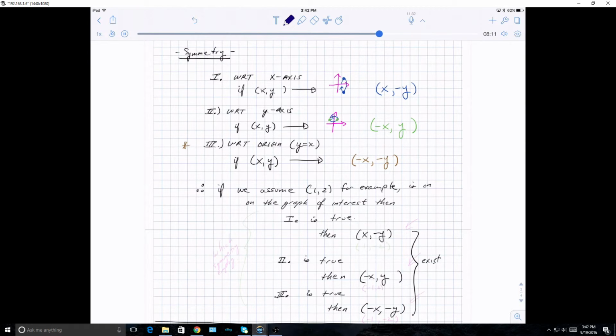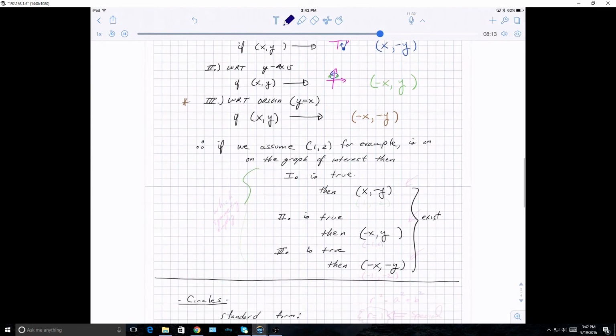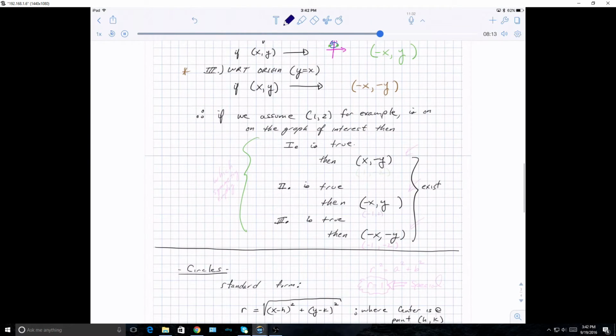And what I've done down in this area here is just a nice little summary. If we assume that 1, 2, for example, is on the graph, then if the first case was true, we would have this point on the graph.